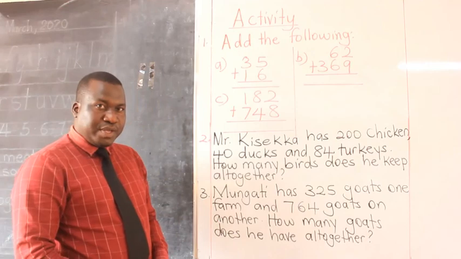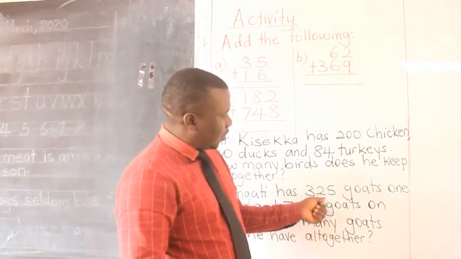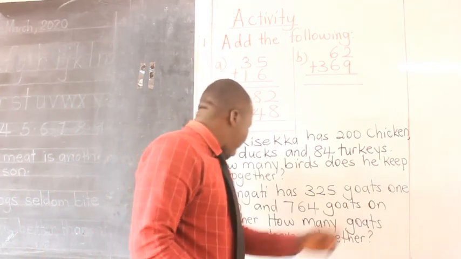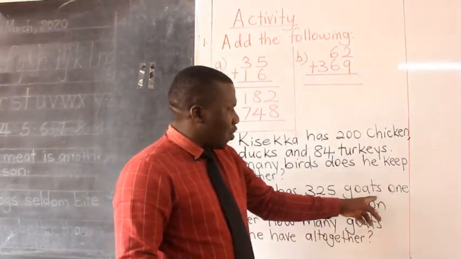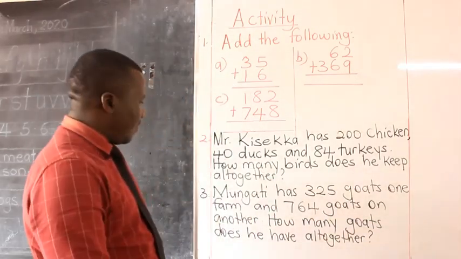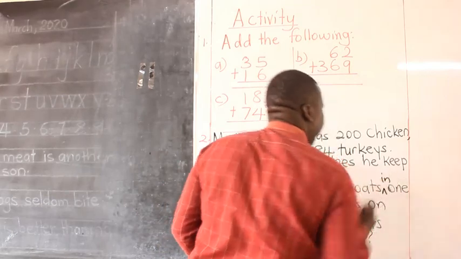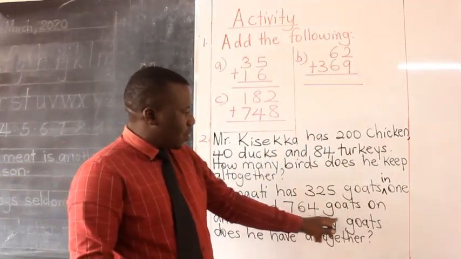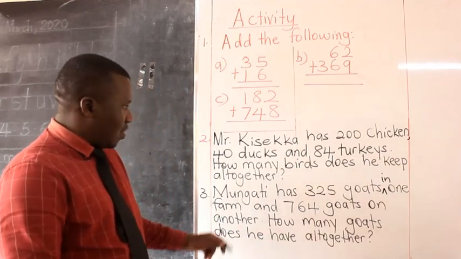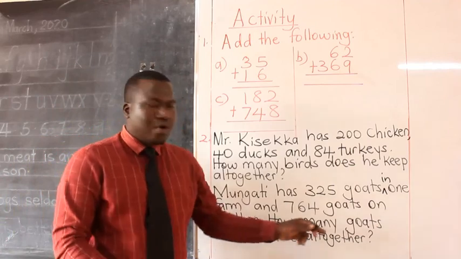In our number 3, Mungati has 325 goats on one farm, and 764 goats on another. How many goats does he have altogether?